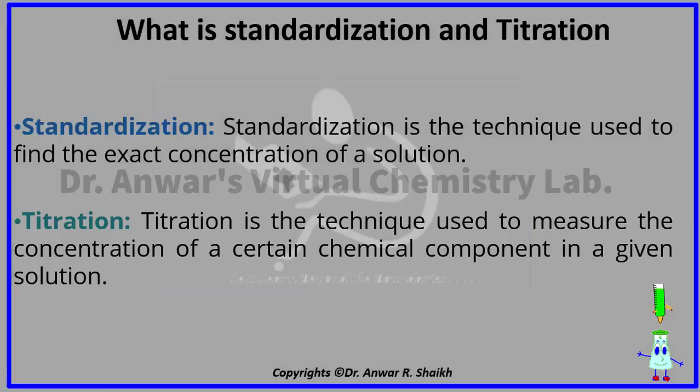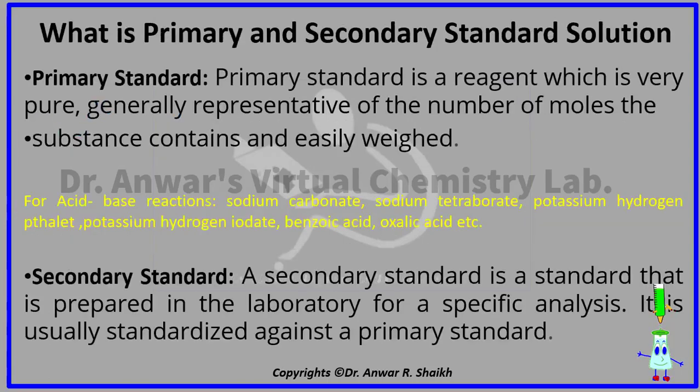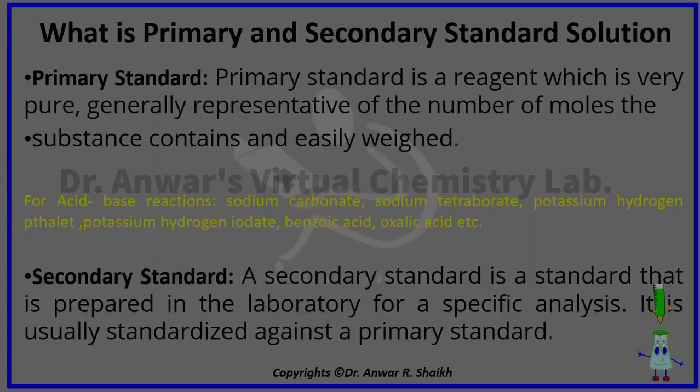The main difference between standardization and titration is that standardization essentially uses primary standard solutions, whereas titrations do not essentially use primary standard solutions. Now there will be a question in your mind: what is meant by a primary and secondary standard solution?